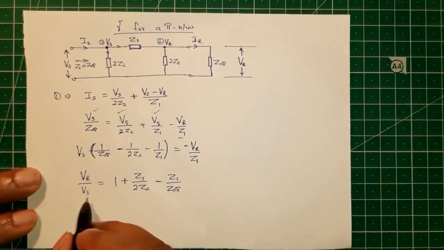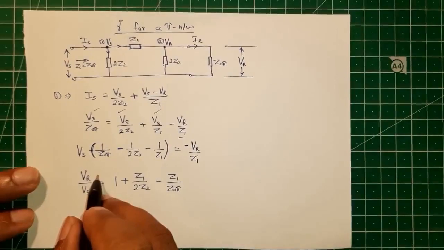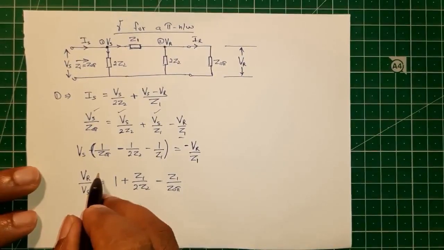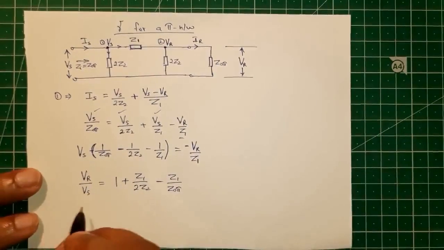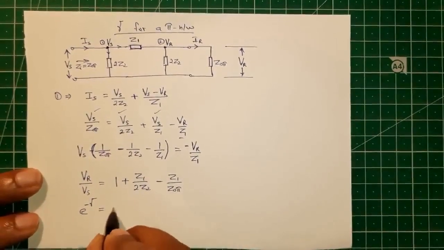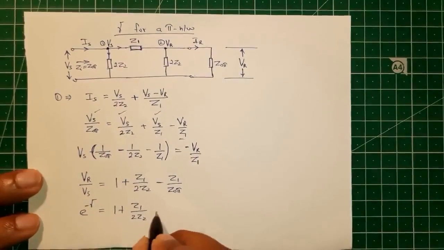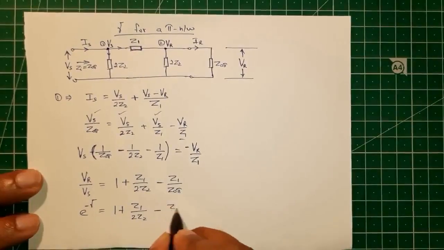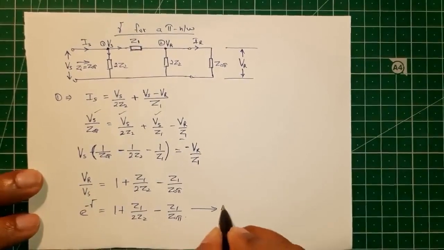So what is on the left hand side? We are having the ratio of the receiving end voltage to the sending end voltage. So this is nothing but e power minus gamma. So that is equal to 1 plus Z1 by 2Z2 minus Z1 by Z0 pi. This is our first equation.